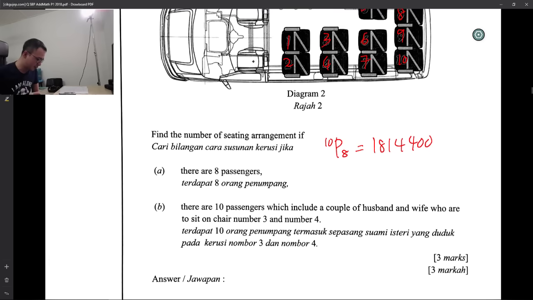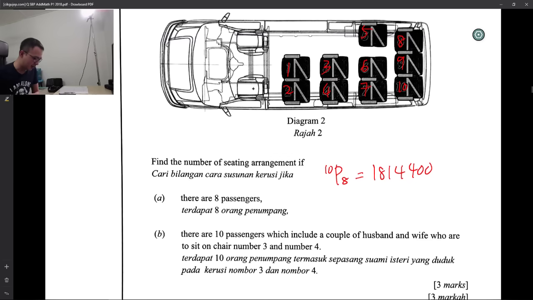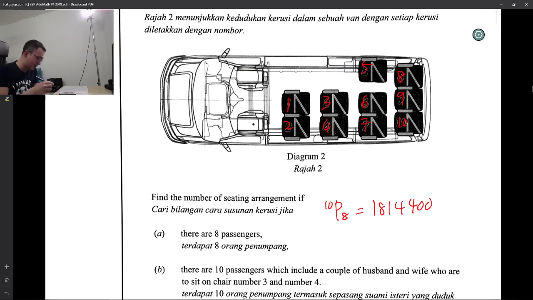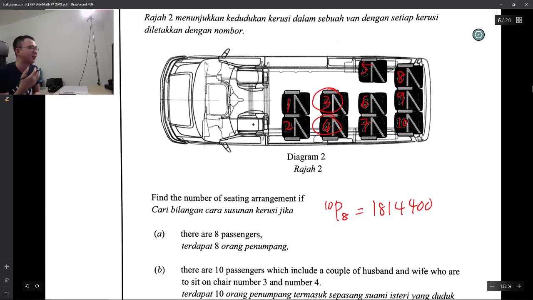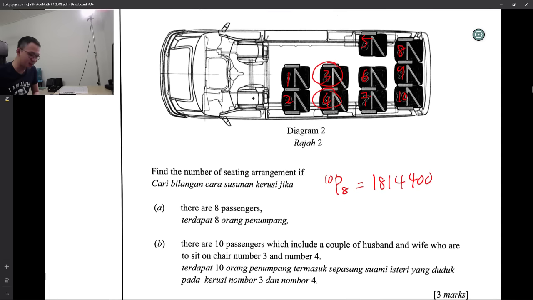Now there are 10 passengers, which include a couple, husband and wife, who are seated on chair number 3 and number 4. Because they don't specify whether the husband should sit on 3 or 4, I will assume the husband and wife can swap places.